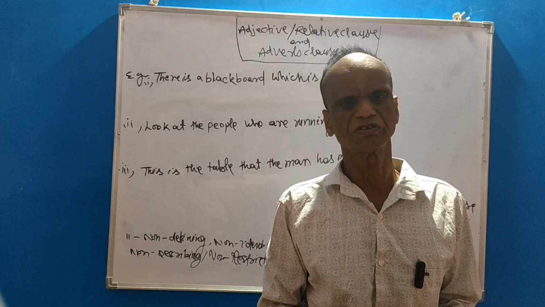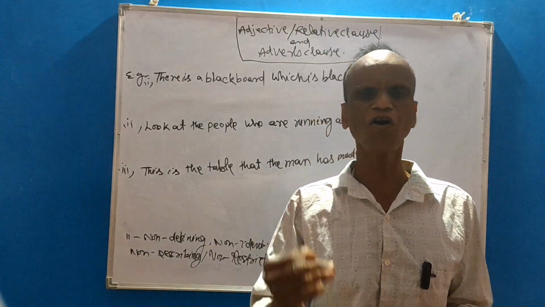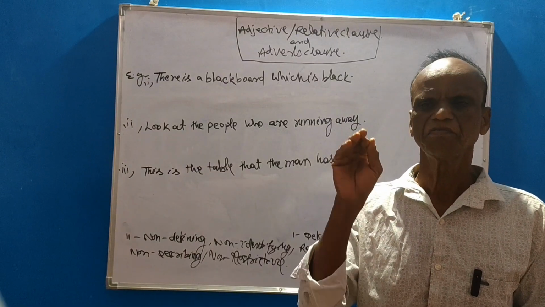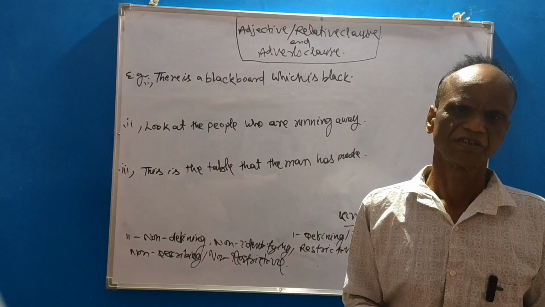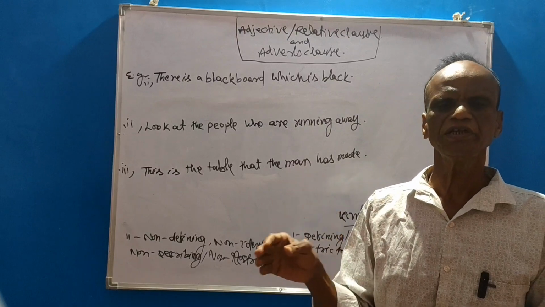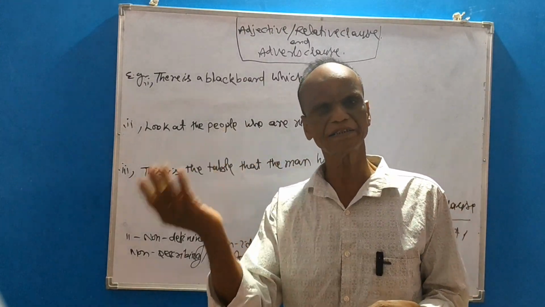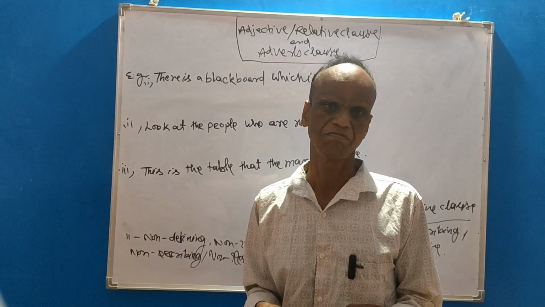Some dependent clauses are called adjective or relative clauses, which modify a noun or pronoun in the main clause, and they act as an adjective.